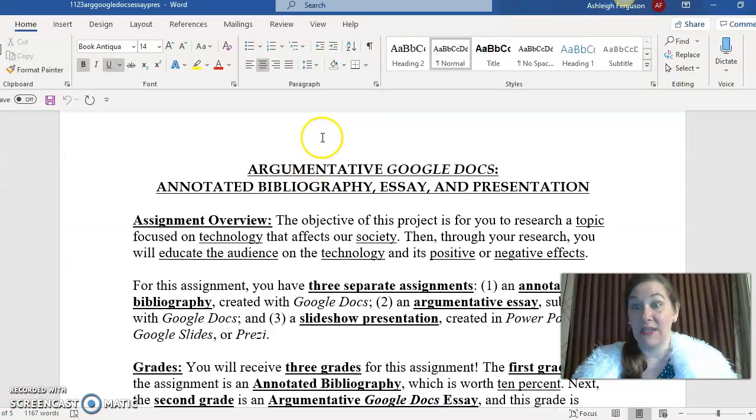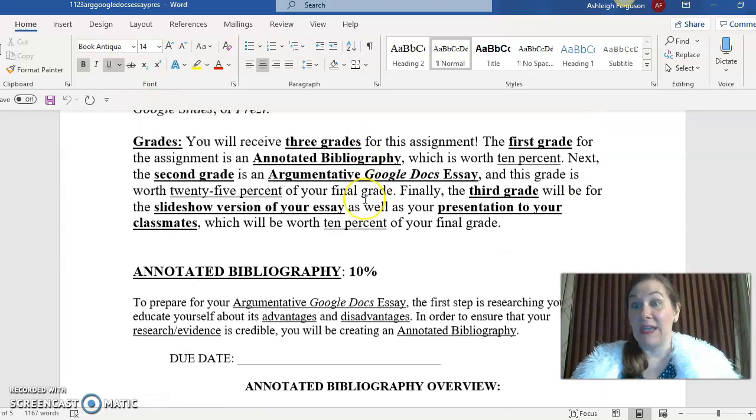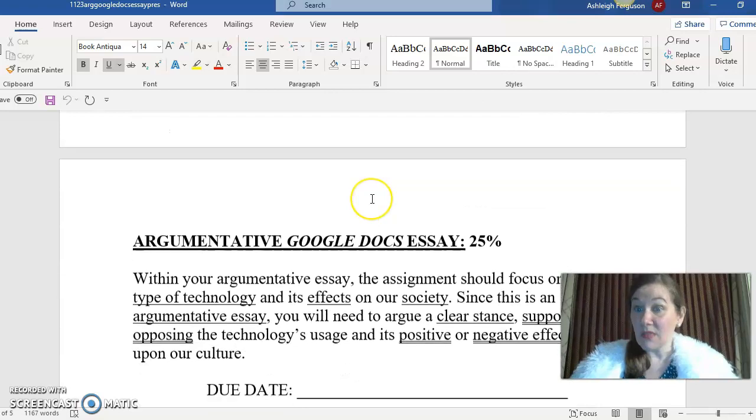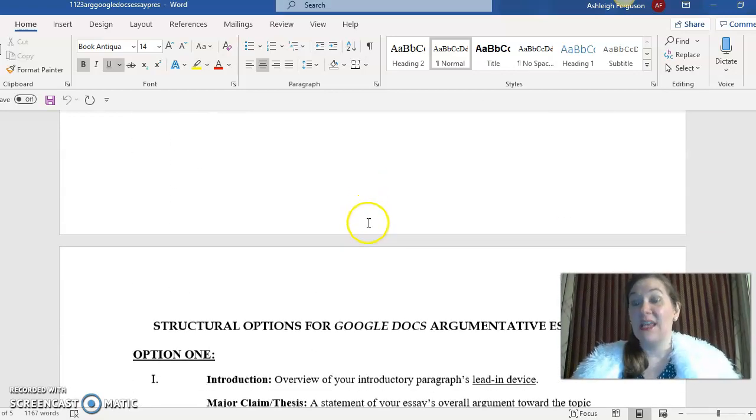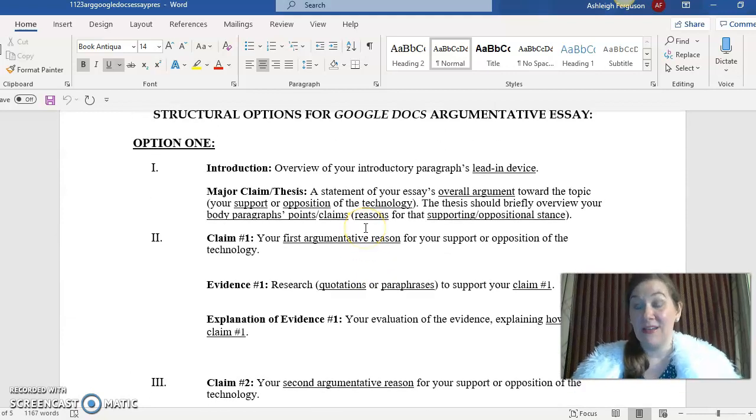Remember this handout, the Argumentative Google Docs handout. We went over the annotated bibliography, I mentioned some things about the essay, and I mentioned the structural options. If you notice, page 3 and page 4 overview those two different structures in detail, so you may want to reference these.